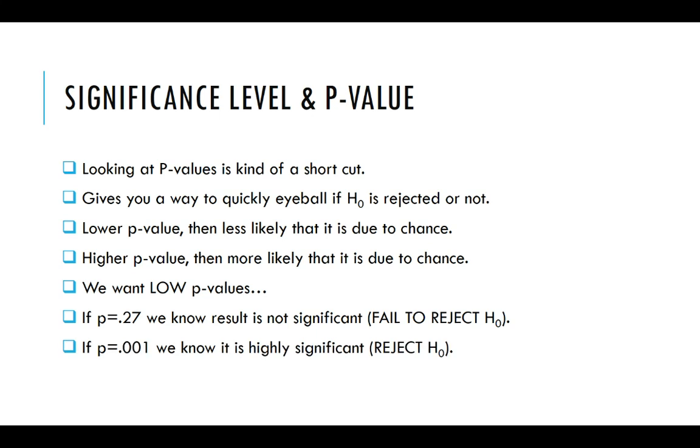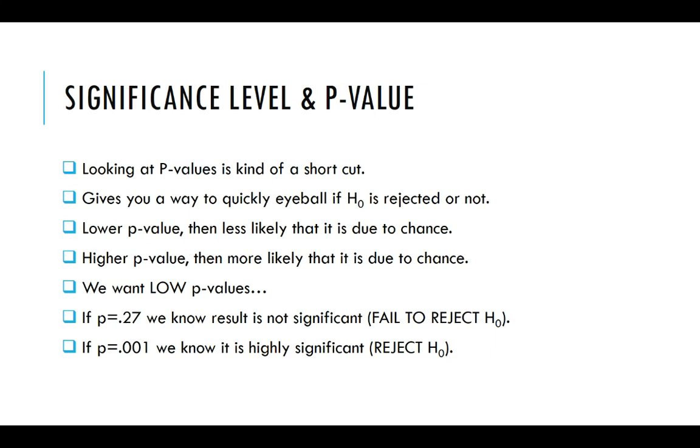But if I run my statistical results and I get a p of 0.001, then I'm saying inside, woohoo, that's a beautiful result because that's going to be highly significant. There's, what is that, a 0.1% chance that my statistical results are due to chance. So there's a lot of evidence against the null hypothesis, right?